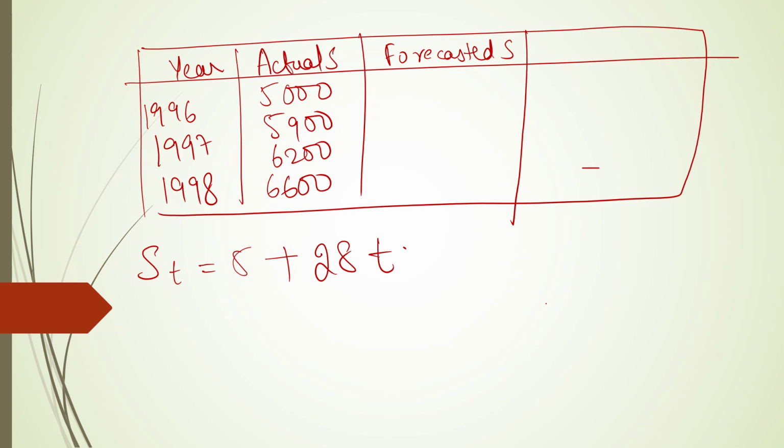When you calculate the forecasted values, let's suppose this is 5,400, then 5,800, 6,200 and 6,800.